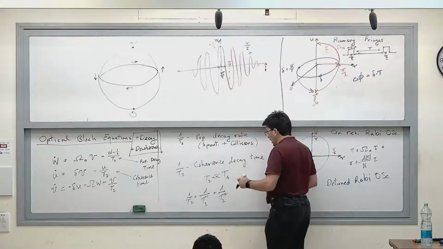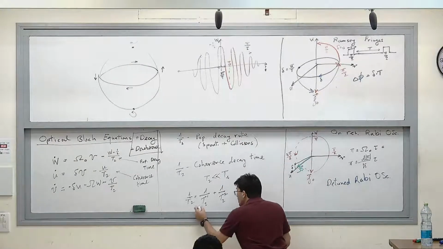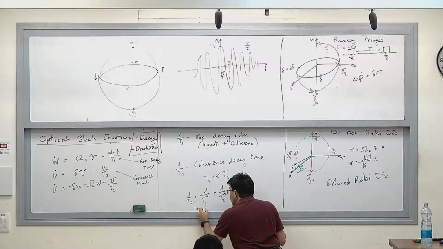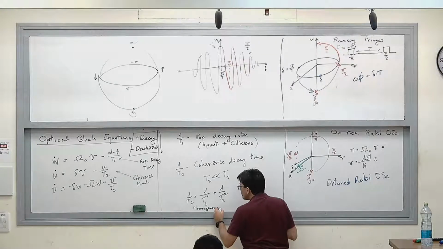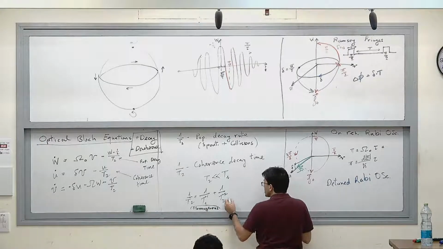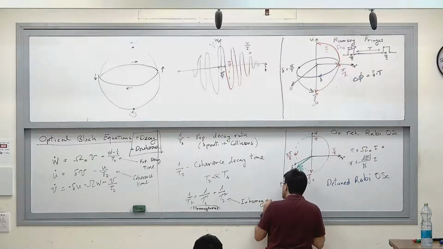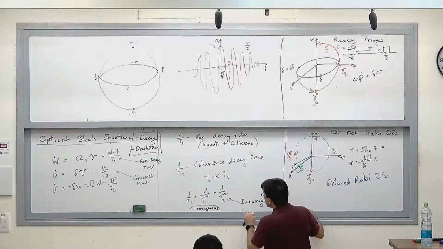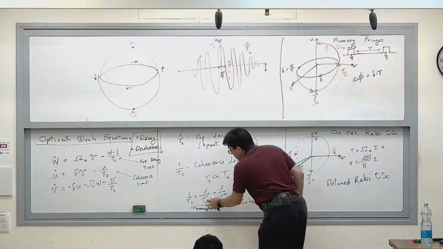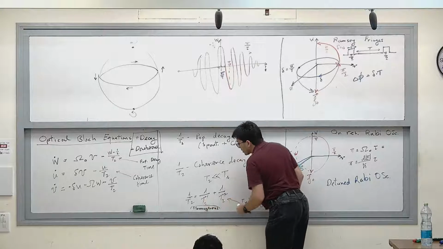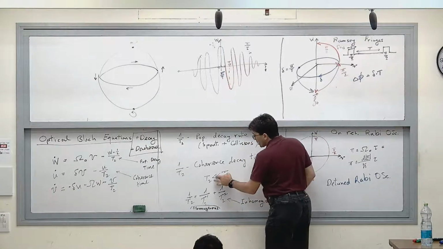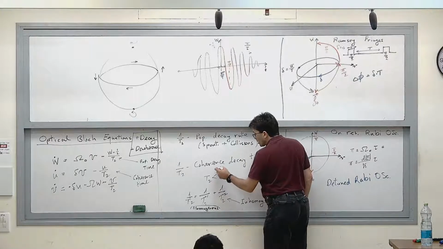So T2 prime is the homogeneous, and T2 star is the inhomogeneous. Now let's say something about those things. Here, I wrote that in many times T2 is much shorter than T1, but the time scale is dependent here, and we'll say something about that.